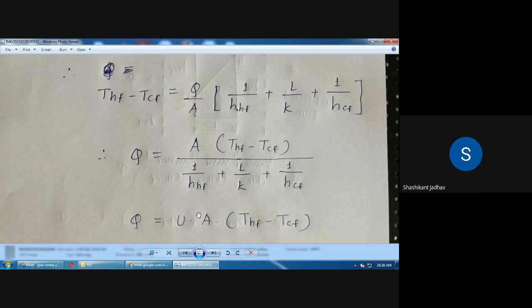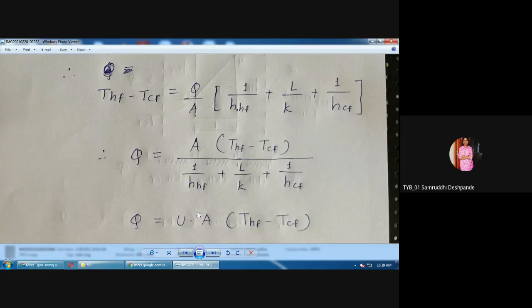If you compare these two equations, tell me what is the value of capital U. Who will tell? It is simple, in the first equation, what is there?